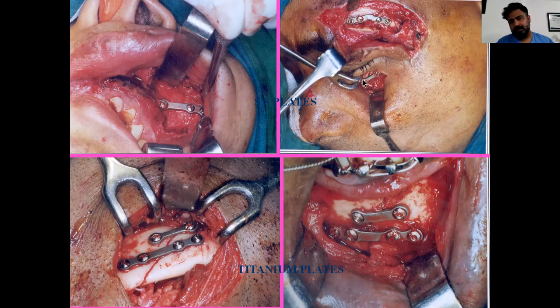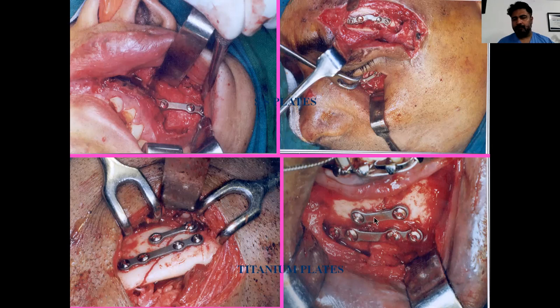And can you see this infraorbital plate? So this is the stabilization of the fracture. Then in the mandible, Champy's principles are used. Champy's principle states that in the parasymphyseal region, we have to put 2 plates because of the tension areas at the lower fracture line, and posteriorly superior border plating.